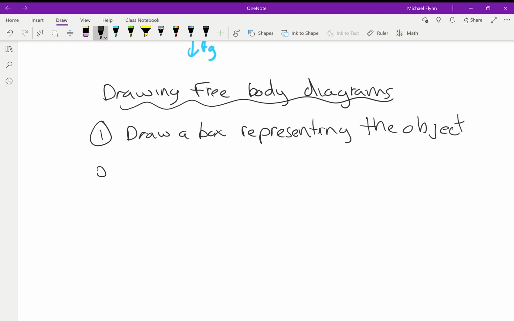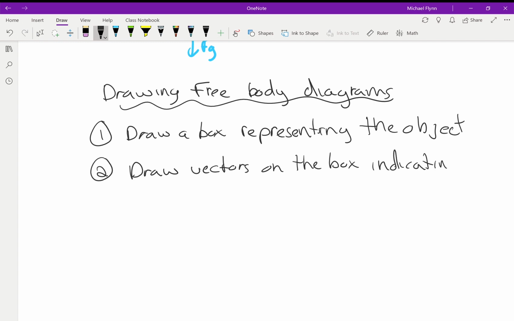Number 2, draw vectors on the box indicating the forces acting on the object.